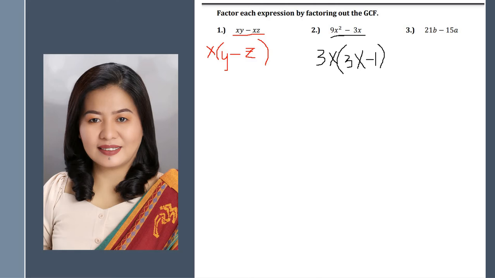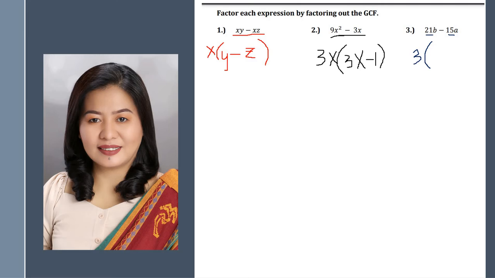Okay, so we have the last number for the slide, 21b minus 15a. So the letters are different, the literal coefficients are different, but can we find the common factor between 21 and 15? Yes, and that is 3. So 3 is the common factor.